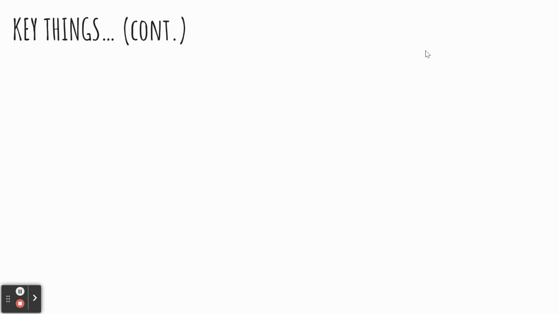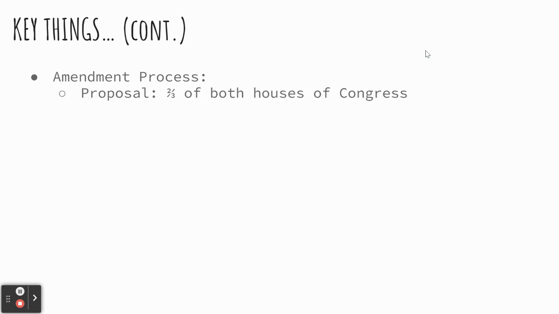All right, other key things. Remember, under the Articles of Confederation, 13 out of 13 states had to agree for an amendment to go into effect. That process is different under the Constitution. It's not easy, but it's easier than unanimous support. It's a two-part process. Two-thirds of both houses of Congress have to agree to propose an amendment.